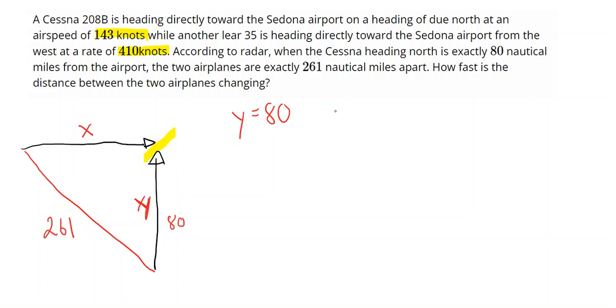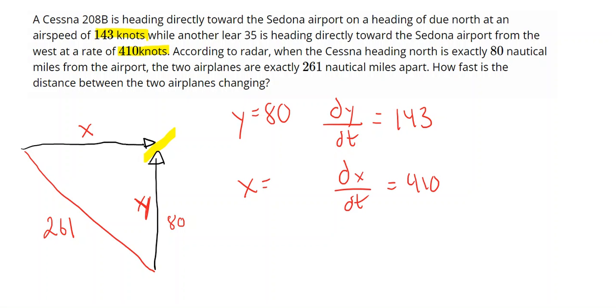So dy/dt is a rate, and that rate is 143 knots. Likewise, at the point where this is 80 miles and this is 261, this would be a distance of X. We don't know what that is. But the rate at which the Lear is coming from the west would be dx/dt, and it is 410.